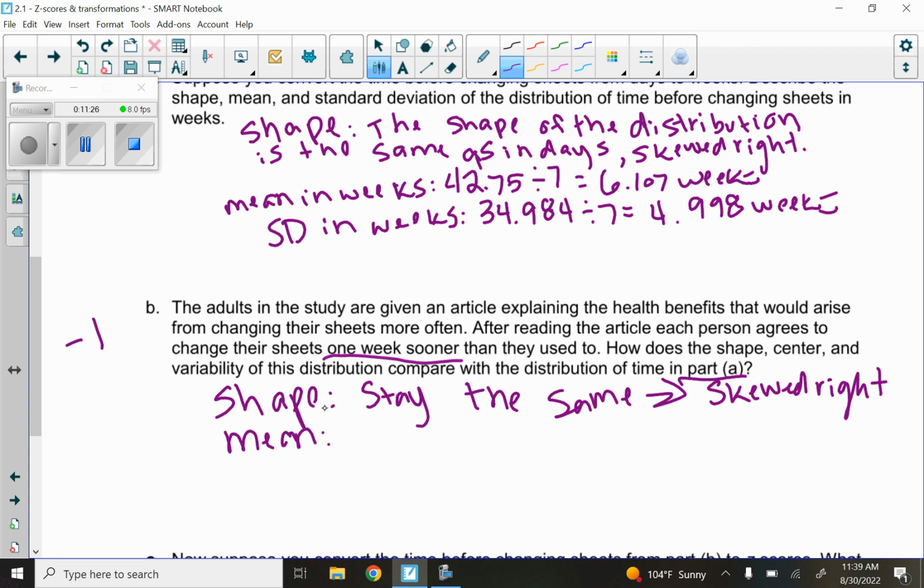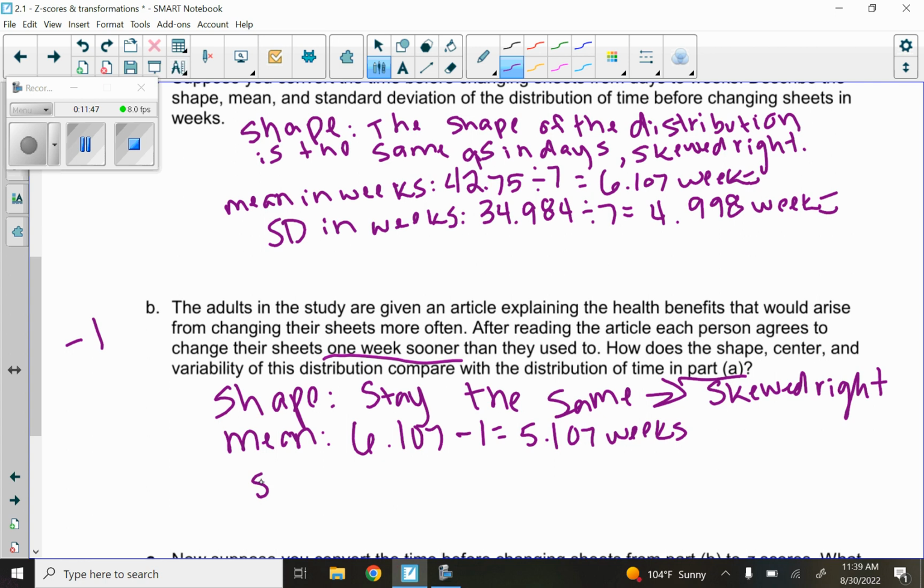We were adjusting it by 80, so we subtracted 80. This time we're adjusting it by 1. So looking at part A, it was 6.107 minus 1 for that adjustment, and that's going to be 5.107 weeks.